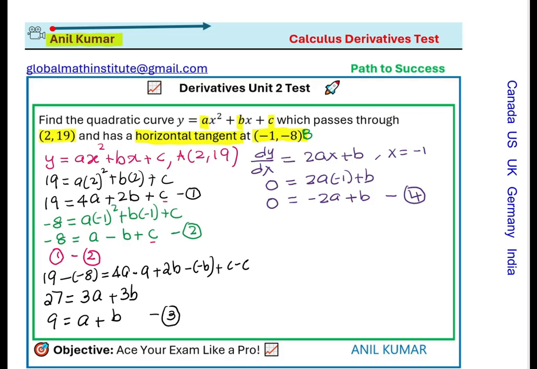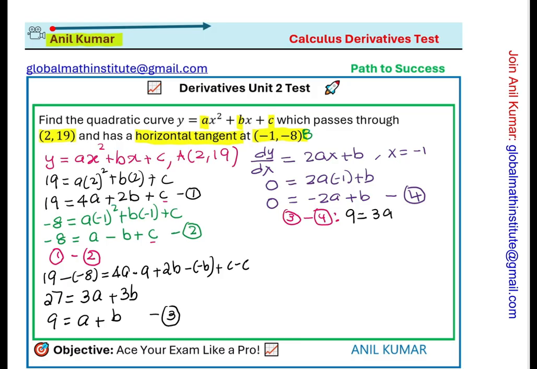Clearly, we have 9 equals a plus b and 0 equals -2a plus b. So if I subtract one from the other, that is to say, equation 3 minus equation 4, we get 9 equals a minus -2a, which gives you 3a, and b minus b is 0.